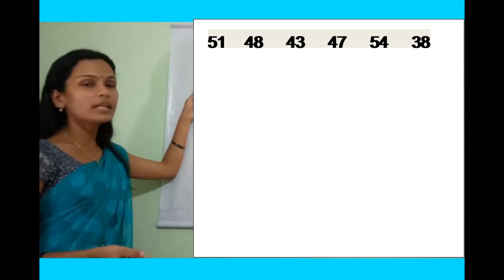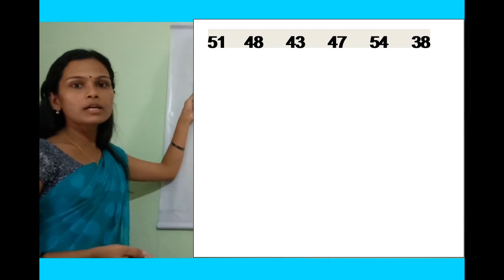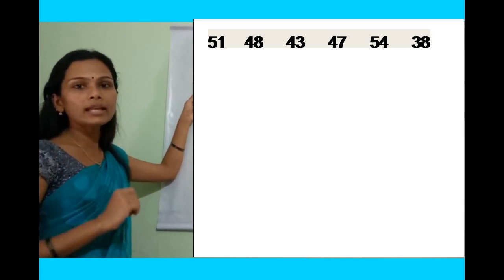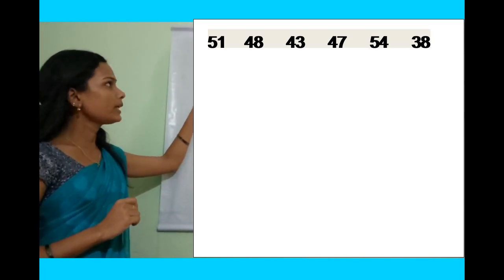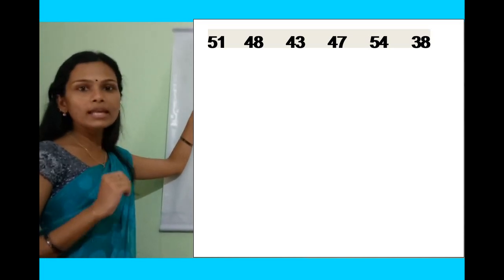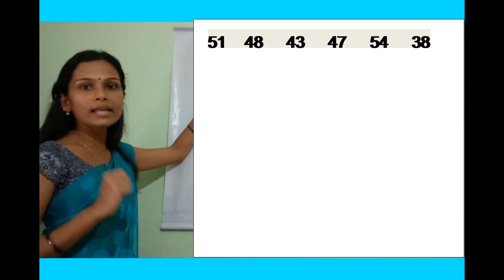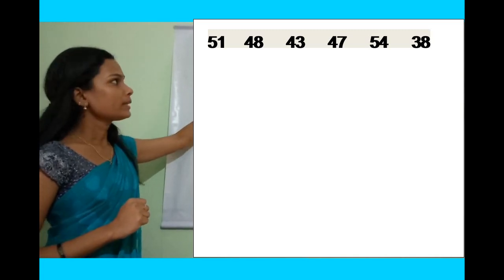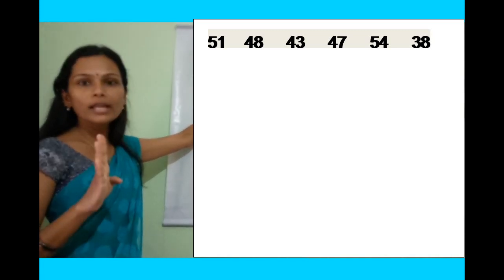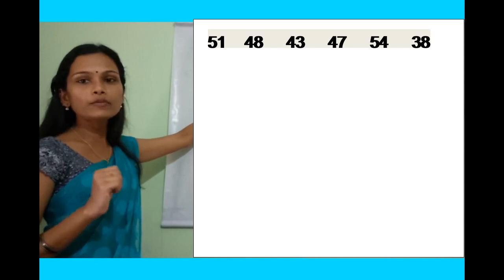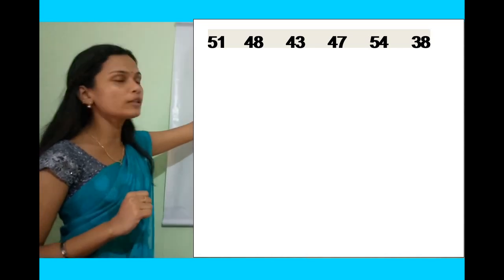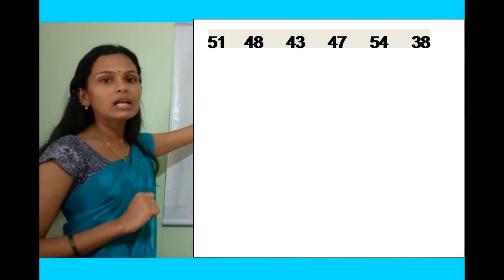Here in 51, 5 is the first digit. Here 4 is the first digit. Here also 4 is the first digit. Here 4 is the first digit in 47. What about 54? 5 is the first digit.